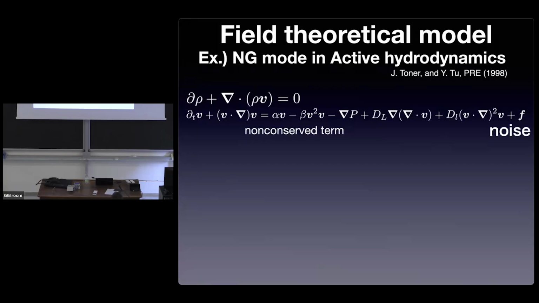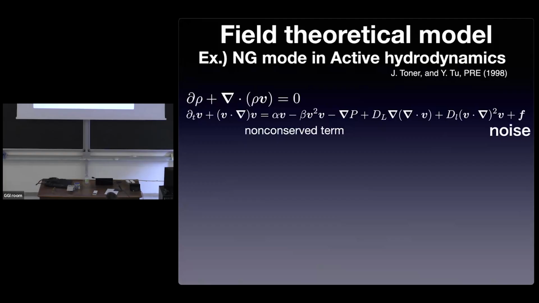One model for active matter is the so-called active hydrodynamics. This is a generalization of hydrodynamics. Unlike ordinary hydrodynamics, we have a non-conserved term that corresponds to an open system.